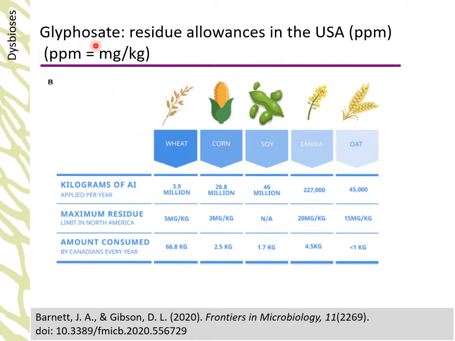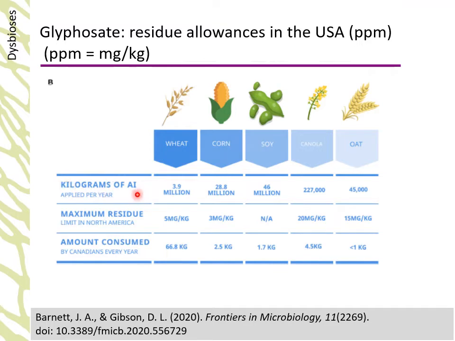And they looked at the glyphosate residue allowance in the USA, which is basically the same as in Canada. So Canadians eat 67 kilos of wheat, a little bit of corn, a little bit of soybean, some canola per year. So wheat is really a large part.